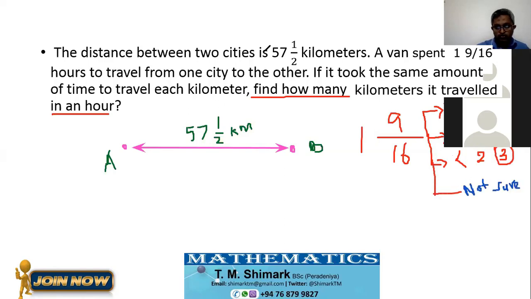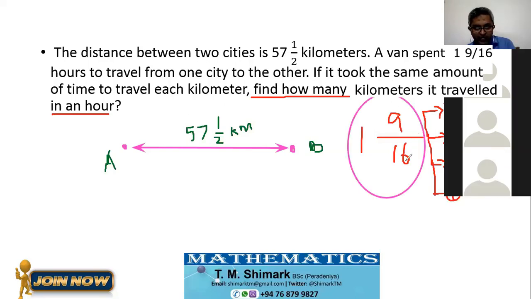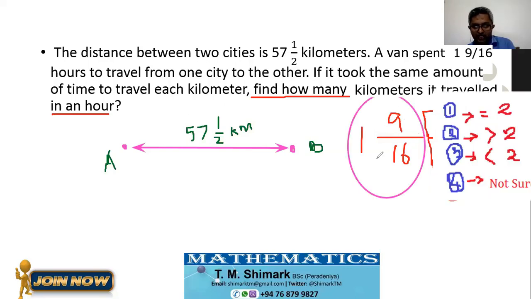Which one will you choose? 1 and 9 by 16 means something like 1.5. Now you tell me, 1.5, among 1, 2, 3, 4, which one will be the answer?